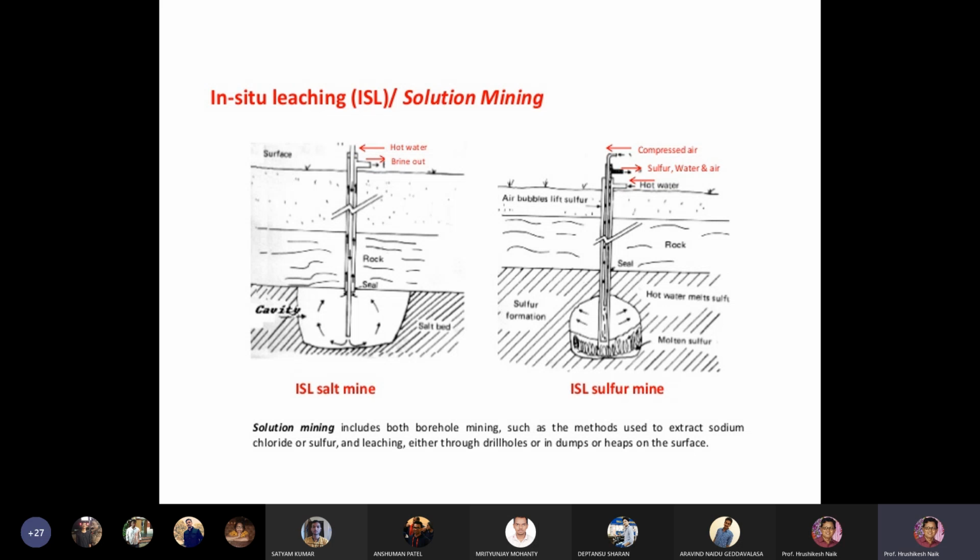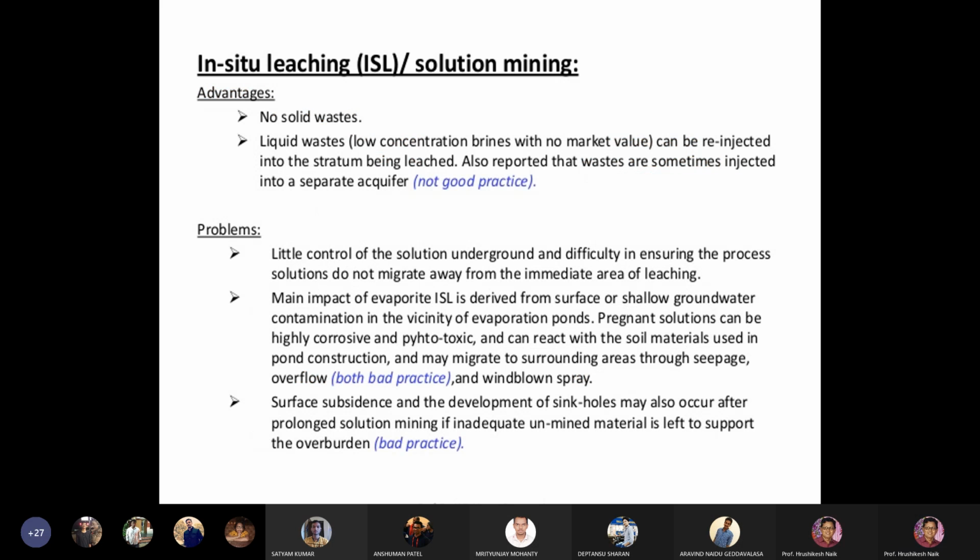Solution mining includes borehole mining, such as the methods used to extract sodium chloride or sulfur, leaching either through drill holes or in drums, or other forms of leaching or solution mining.